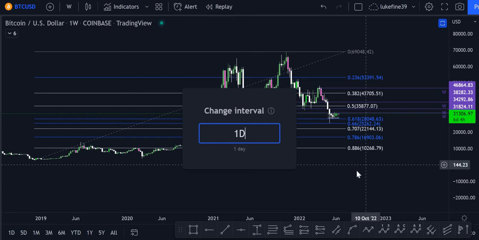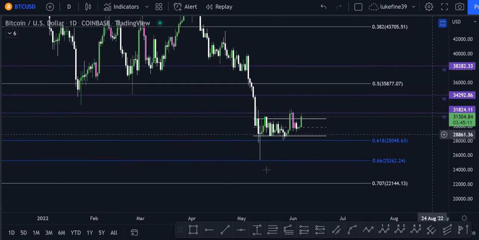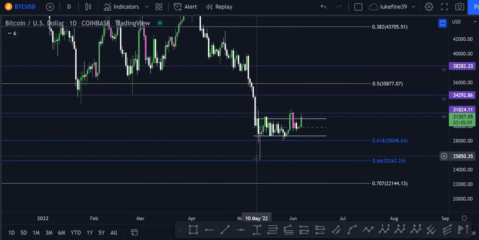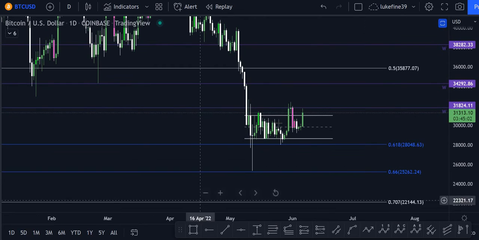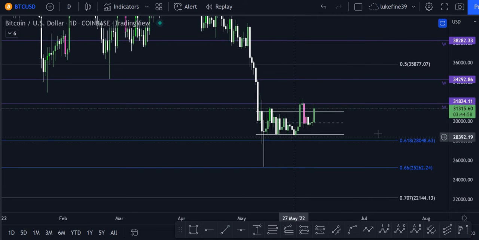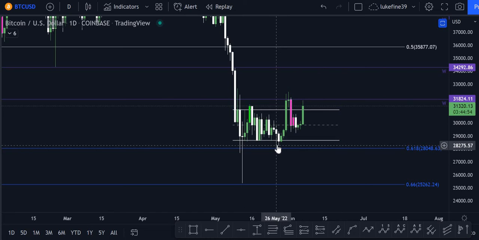Let's go back to the daily again. Here we can see that this flush out held the golden pocket area perfectly. It flipped out, retested again. So this was kind of an accumulation sweep of the lows, in my opinion.